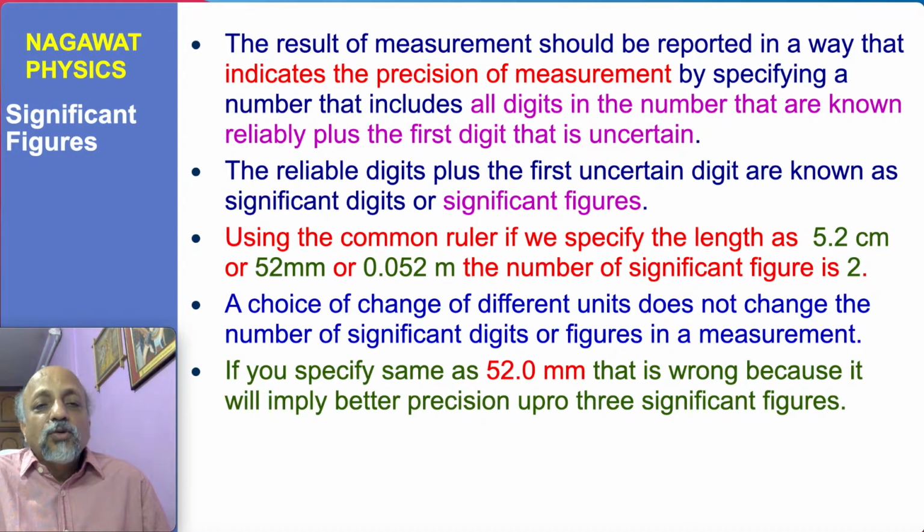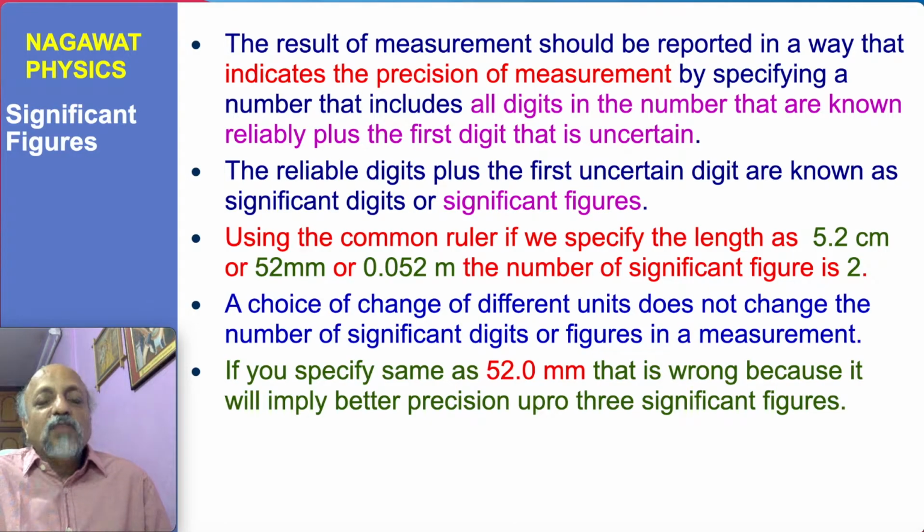Now I come to the topic of significant figures. The result of measurement should be reported in a way that indicates the precision of measurement by specifying a number that includes all digits that are reliable plus the first digit that is uncertain.